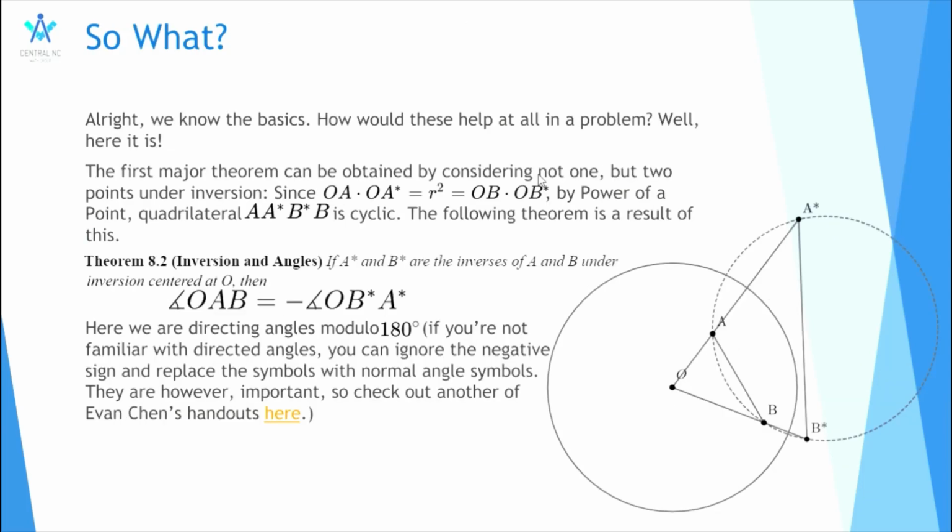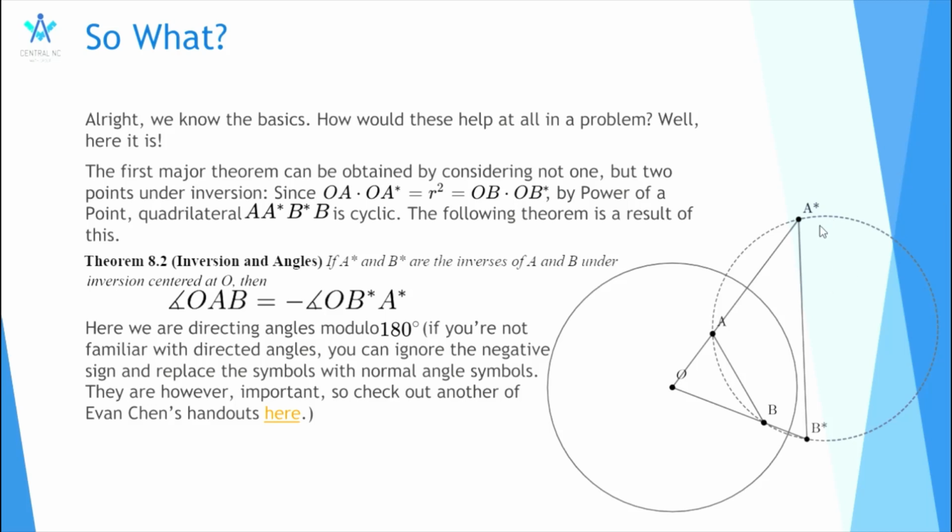Let's continue. So we found the inversion. Okay, we know this. Wow. What is this going to help us with? Well, here is the first major consequence. We see that OA times OA asterisk equals R squared. That looks like power of a point, right?